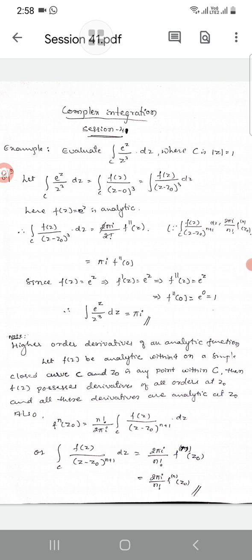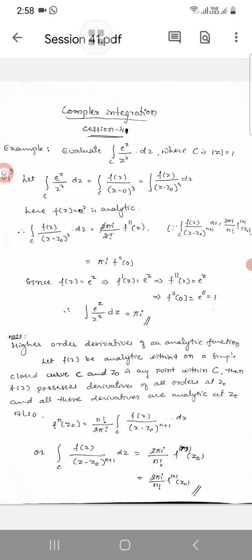Here the function f(z) equal to e to the power z is analytic. So the integral over C of f(z) divided by (z minus z0) whole cube, dz, is equal to 2 pi i divided by 2 factorial, times f double dash of z0, because n plus 1 is 3, so we can write 3 as 2 plus 1.